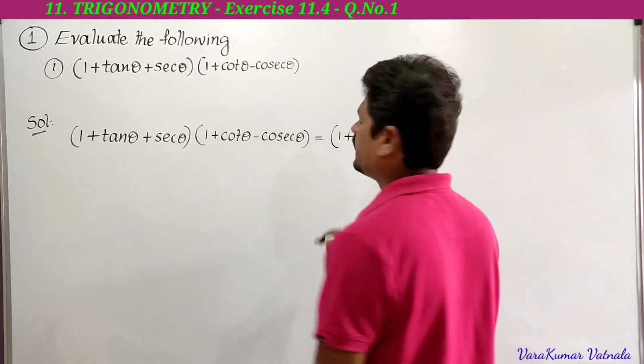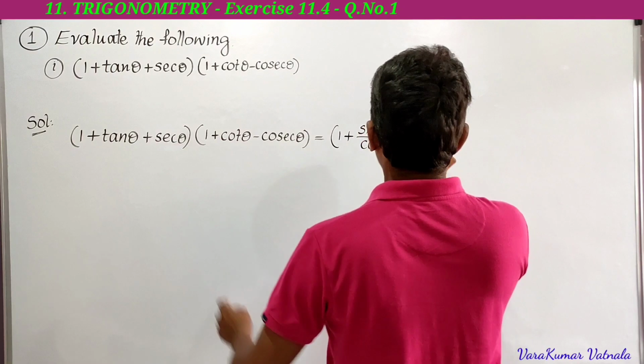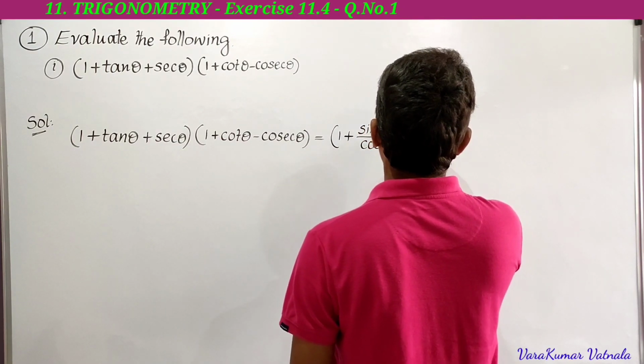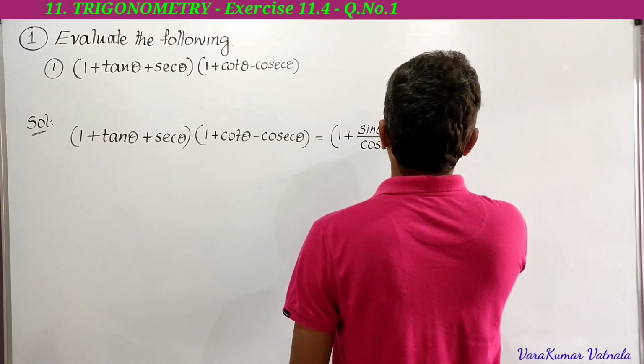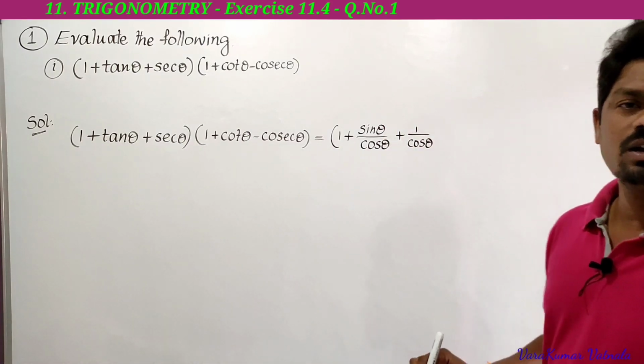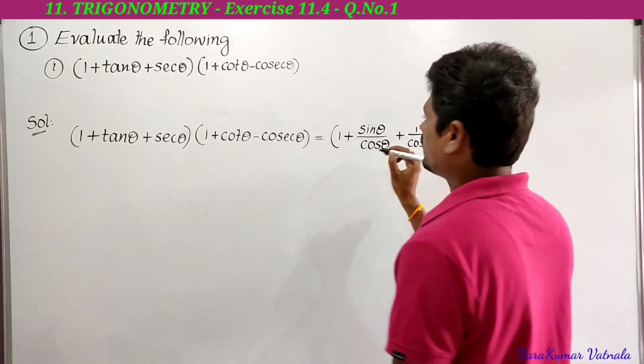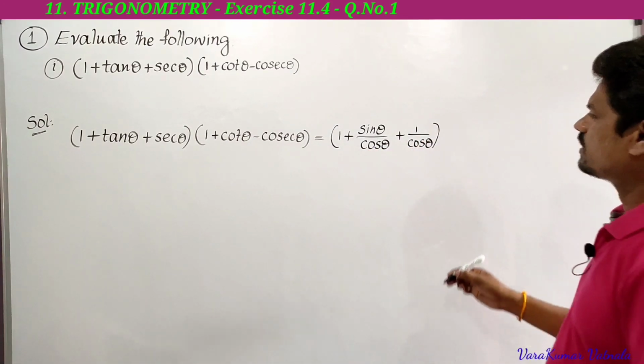And secant theta equal to 1 by cos theta. So cos theta and secant theta are multiplicative inverses. So we can write secant theta equal to 1 by cos theta.